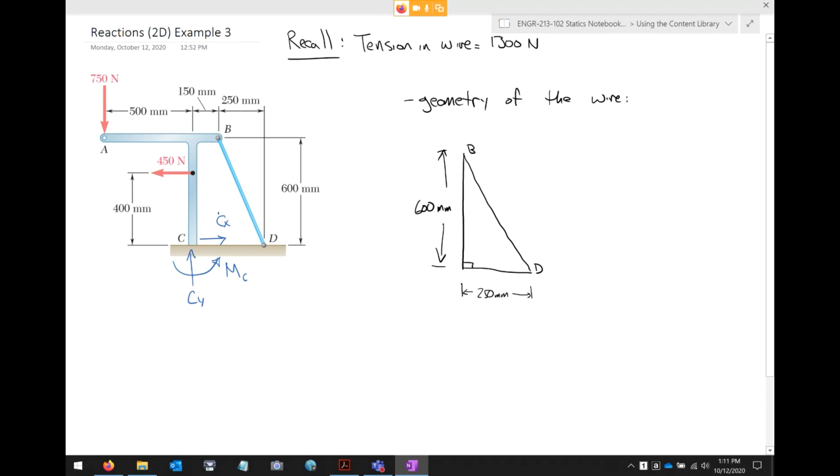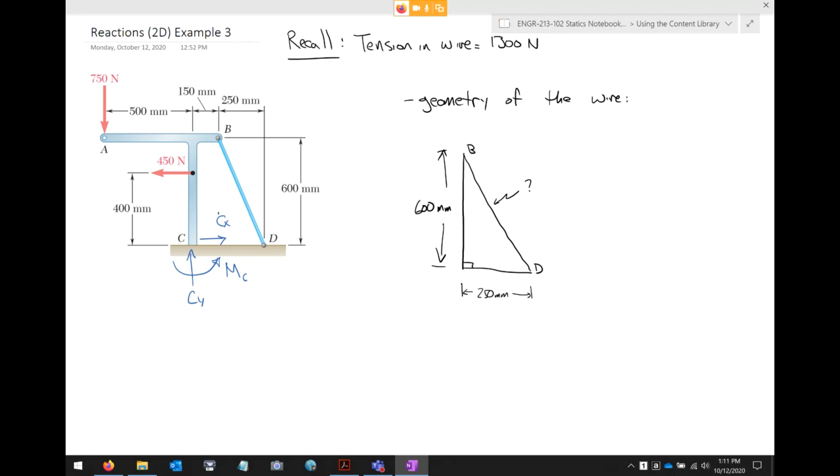Okay, so this triangle BD has a height of 600 millimeters and a base width of 250 millimeters. So help me out. What is the length of the hypotenuse? Let's see if everybody's paying attention this Monday afternoon. How would we do that?